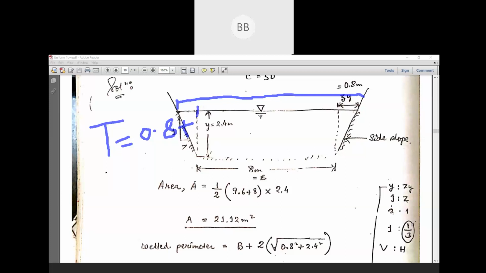Then from here to here, this is nothing but your bottom width, that is 8 meter, plus again 0.8. This is nothing but your 9.6 meter.